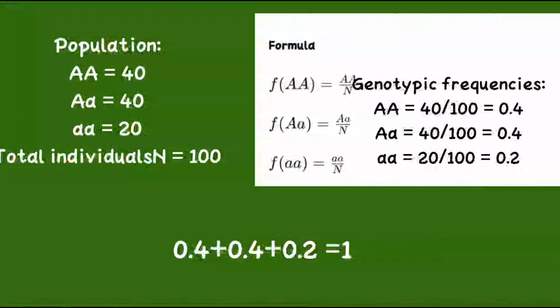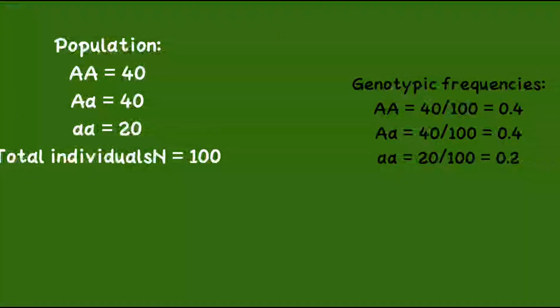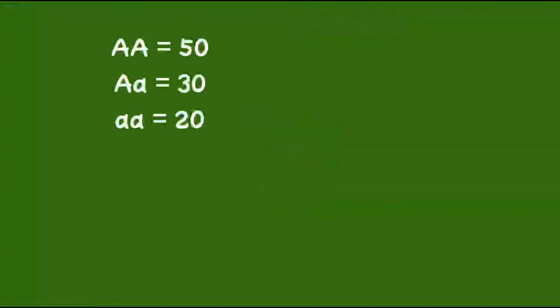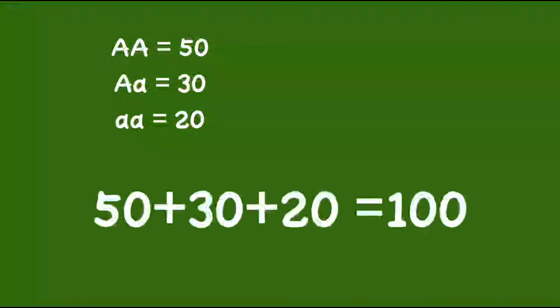So suppose we have a population of dominant 50, heterozygous 30, and the recessive 20. So we just have to add to get the total population, that is 100, 50 plus 30 plus 20. So we have to calculate the genotypic frequency.